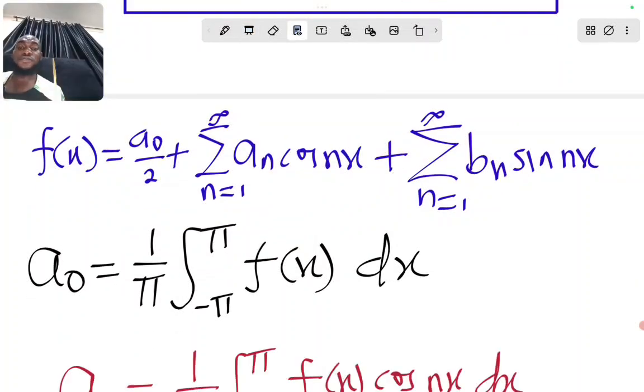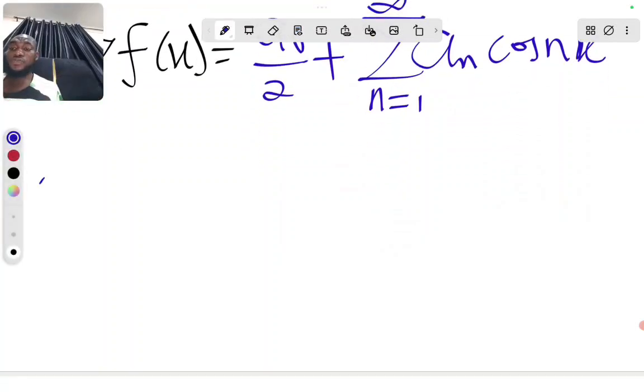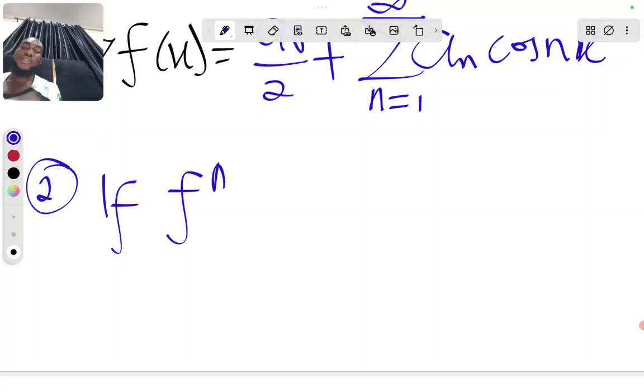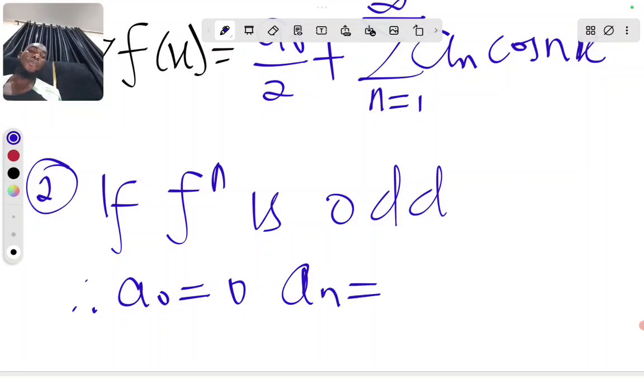Let's continue. 2. If the given function is odd, therefore a naught is equal to 0, and an will also be equal to 0.